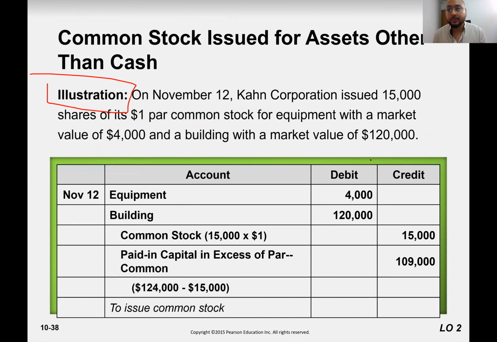On November 12th, the Khan Corporation issued 15,000 shares of $1 par value for equipment of market value 4,000 and a building of market value 120,000. So how much is the value of the 15,000 shares? 124,000.